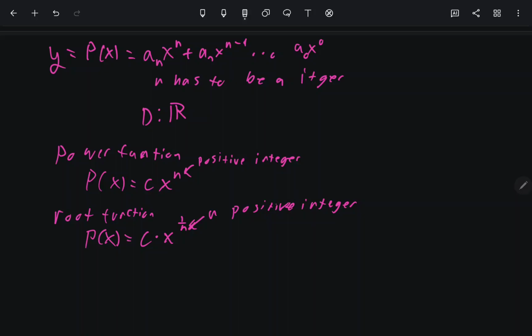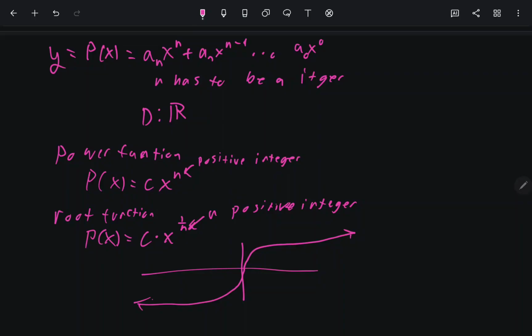For example, you can also have the cube root, or x to the power of 1/3. And in that case, the graph is going to look like something along these lines. So its domain is going to be all real numbers, and you just really have to be careful.